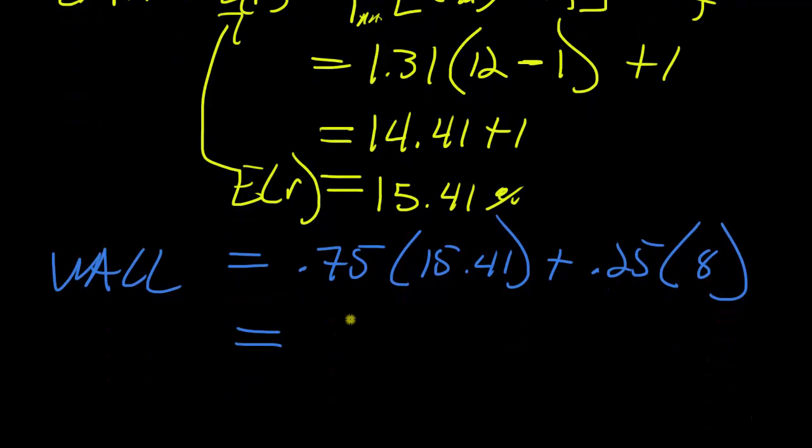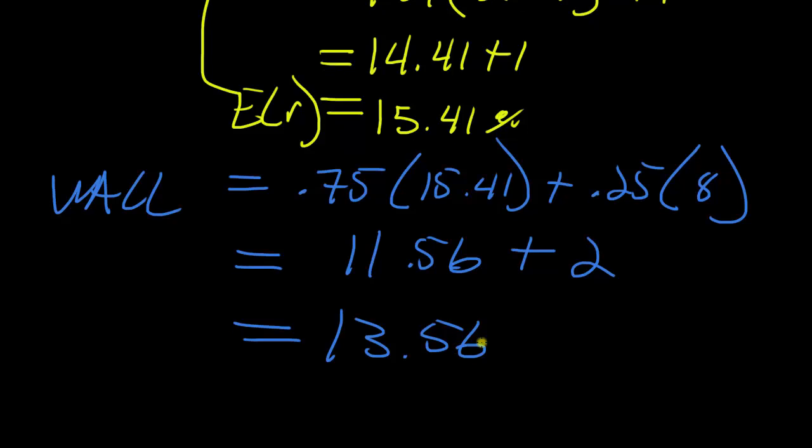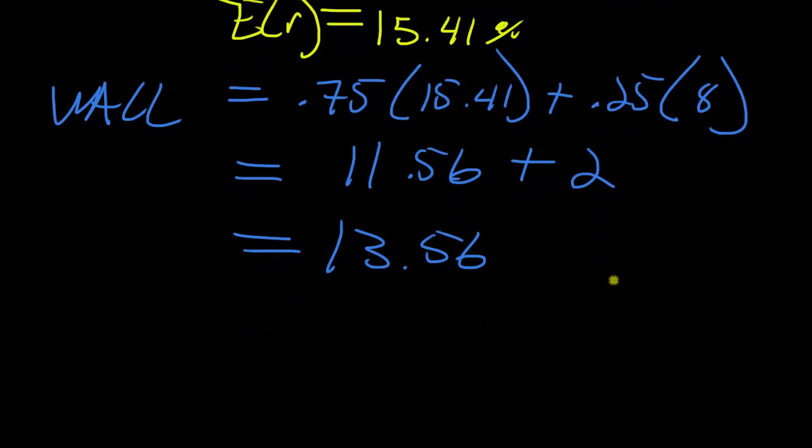So here I have 0.75 times 15.41, 11.56 plus, this is just the number 2, right? 25% of 8 is 2. So my WACC is 13.56%.